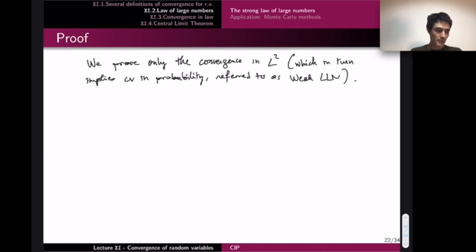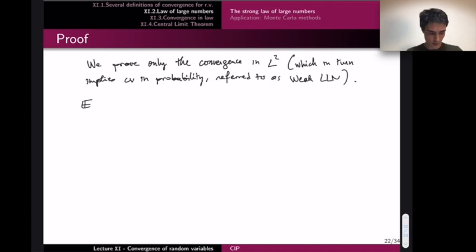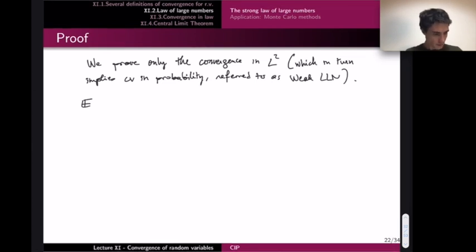So how do we do this? I compute the L2 norm basically: the expectation of the square of 1 over n times the sum of the Xk's for k equals 1 to n, minus mu, because I want to prove convergence to mu.